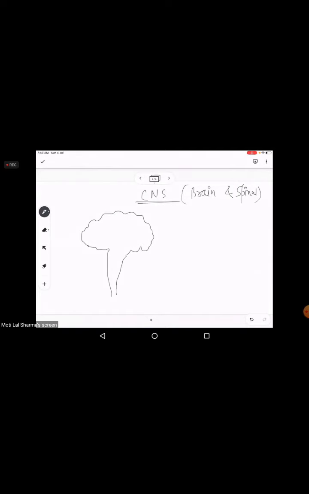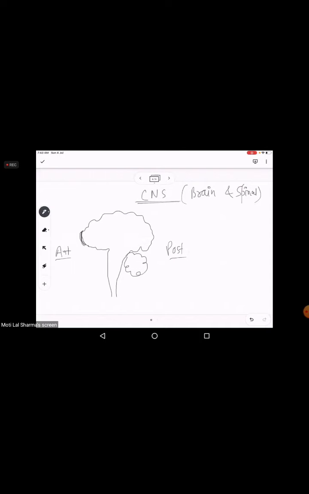One simple picture I have drawn here. In this picture, this is the anterior side. Anterior means your forehead side. And this is the posterior side. Posterior means your back side.